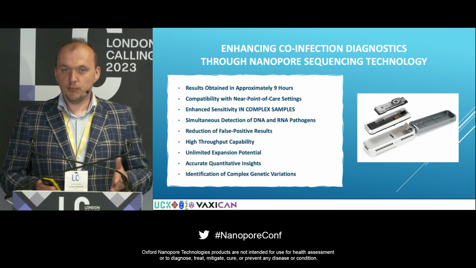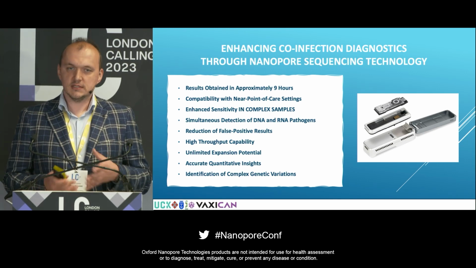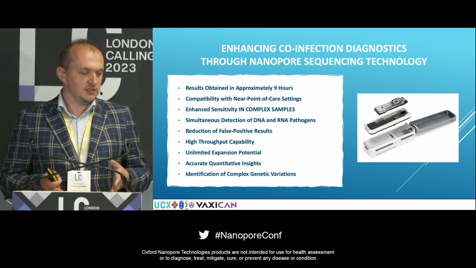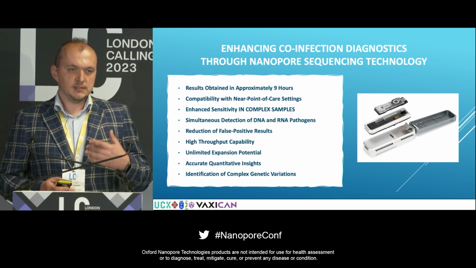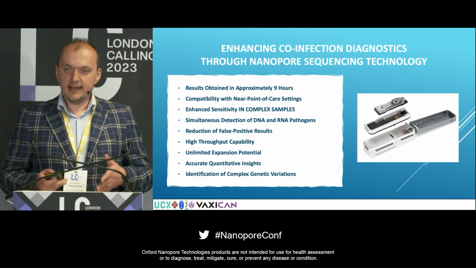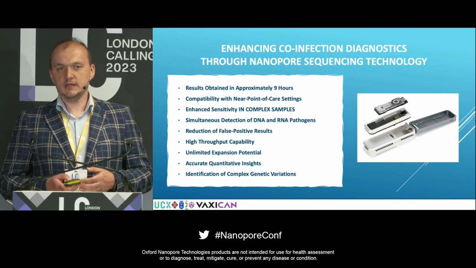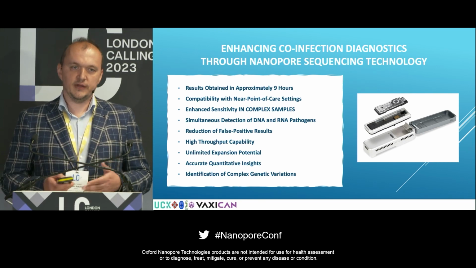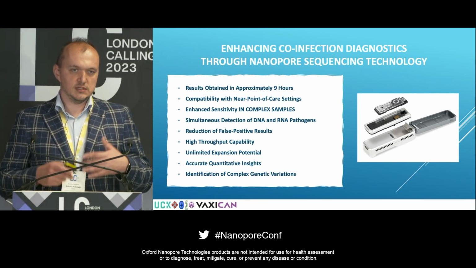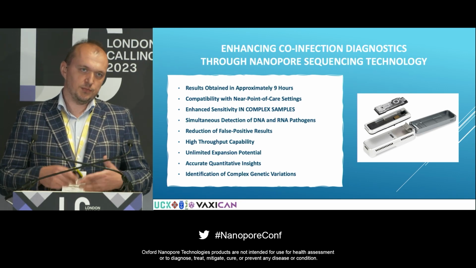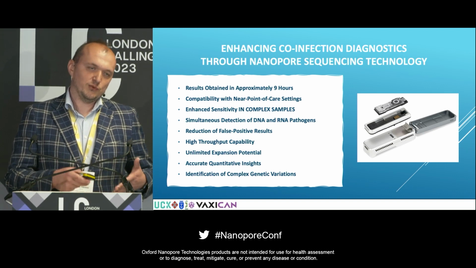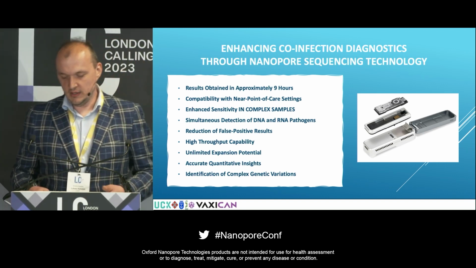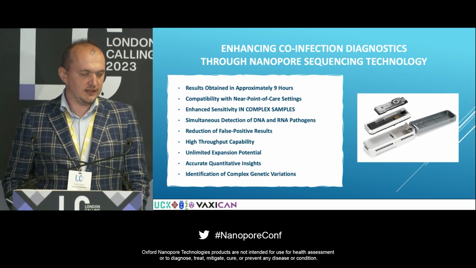The nanopore is cheap, it's small, and can be used even near the point of care, and it's especially designed to work with complex samples, like co-infections where there is much more of one virus and low availability of the second one.